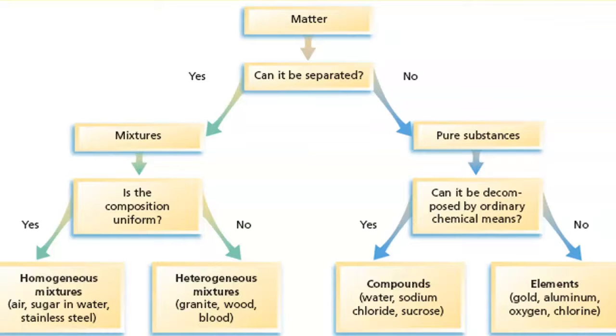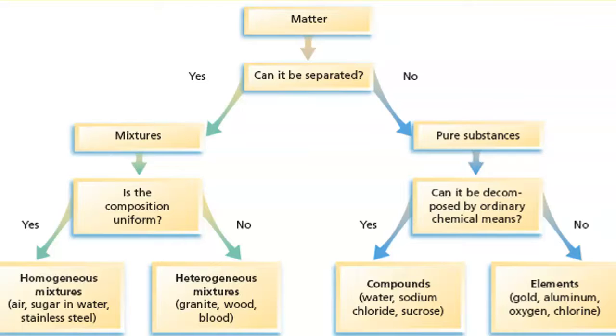But heterogeneous mixtures would be uneven. Like if you had granite or wood, sometimes you get like a knot in the wood. It's not always even throughout. Blood sounds like it would be a homogeneous mixture, but it's actually not. Blood has a lot of like platelets in certain places and red and white blood cells.